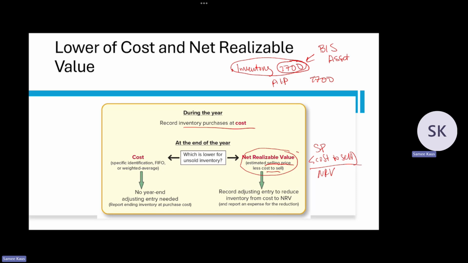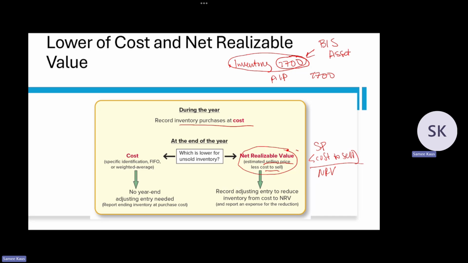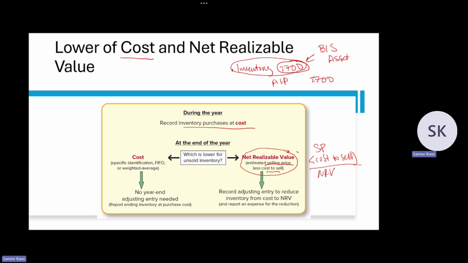That's fine. There's not any adjusting entry needed. It's just if the net realizable value falls below the cost of it. So again, that's why I need to have my inventory on my books at the lower of cost, what I paid for it, or net realizable value, NRV.